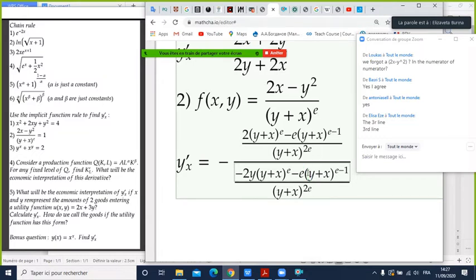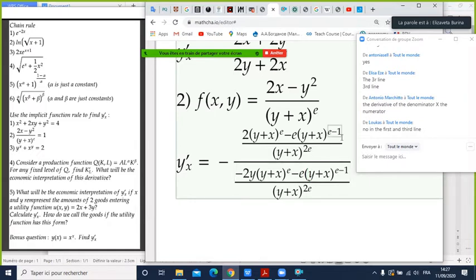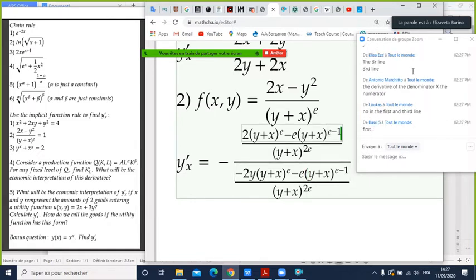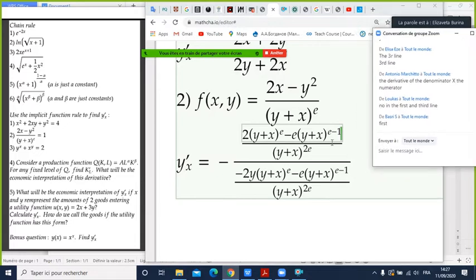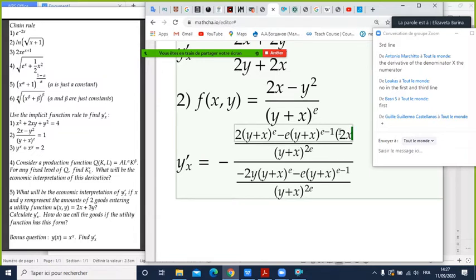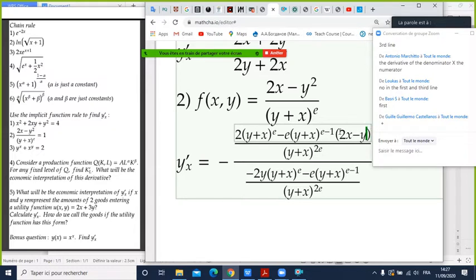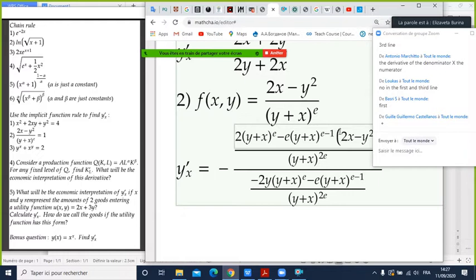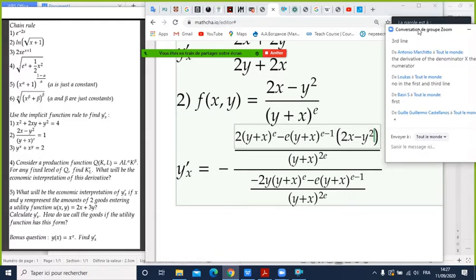We were supposed to multiply the derivative of the denominator by the numerator. Yes, you're all right. So I took the derivative of the denominator and I was very happy, and it was too long and I gave up. So yes, certainly we have to multiply it. We have to do it in both numerators now. 2x minus y squared. And here too.